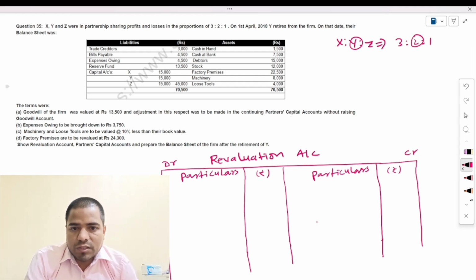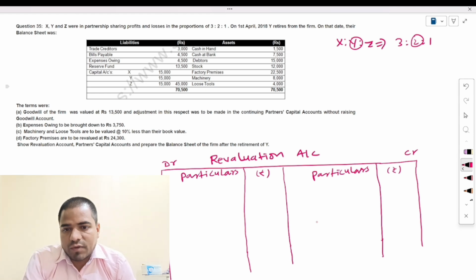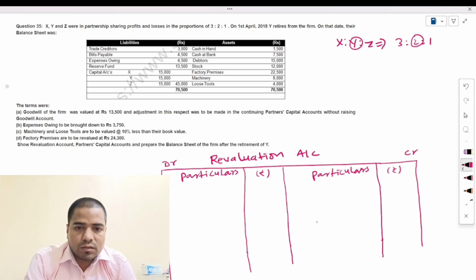Trade creditors, bills payable, expense owing, reserve fund, capital and cash in hand, cash at bank, debtors, stock, factory premises, machinery, loose tools, etc. What were the terms at the time of retirement? Goodwill of the firm was valued at 13,500. This is the firm's goodwill.